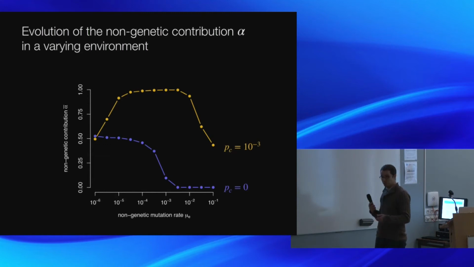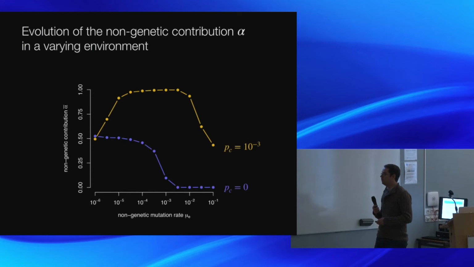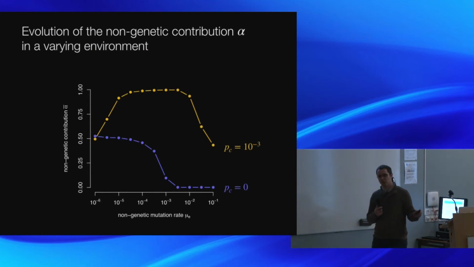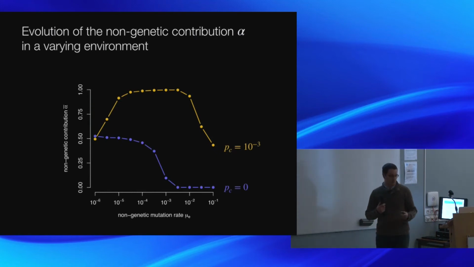Okay, probably because they allow the organism to follow the moving environmental optimum, and it decreases back when the non-genetic mutation rate becomes high. Simply because if you have a probability of change of 10 to the minus 3, it means that on average the environment changes every 1,000 generations. And so, okay, there's the time when it changes and it's good to have variation, but then there's the long environmental stasis where having a non-genetic mutation rate of 0.1 is highly deleterious. Okay, so yeah, that's it.